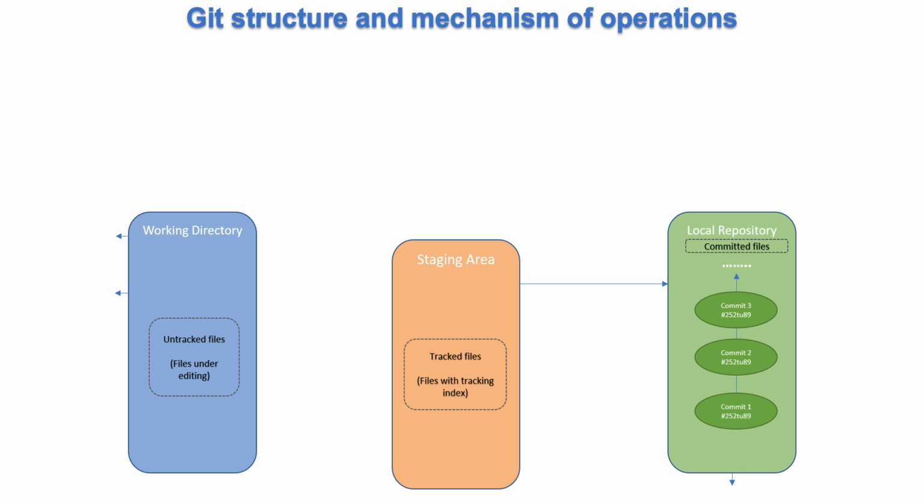This is usually when you are normally editing your files. And there is another intermediate level, called the staging area, where all files have a tracking index. And the last level in this structure is the local repository, when your files are committed.